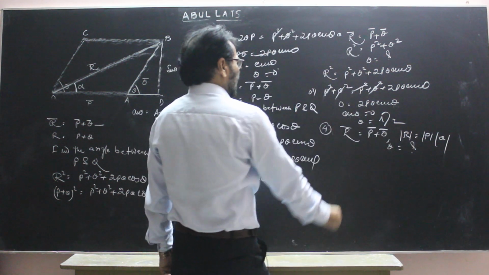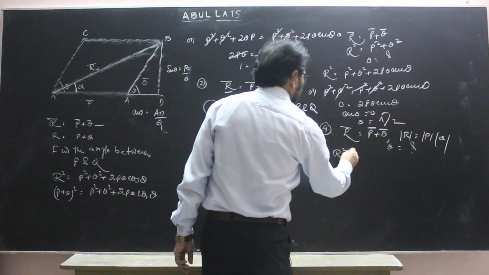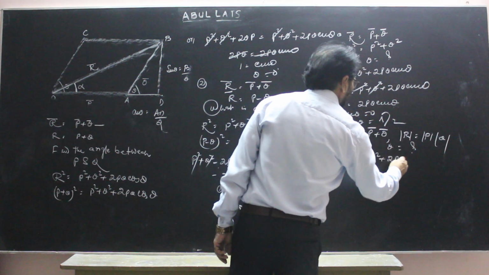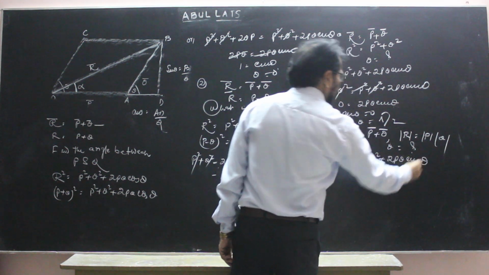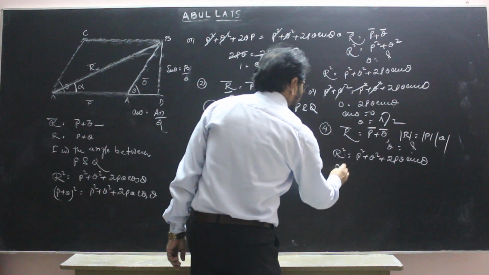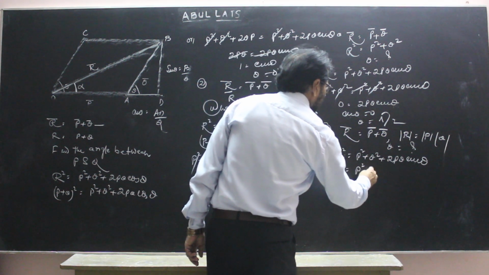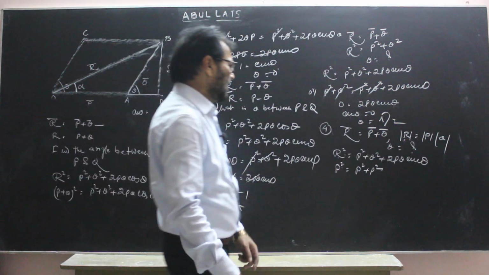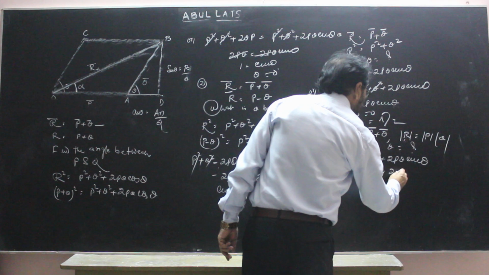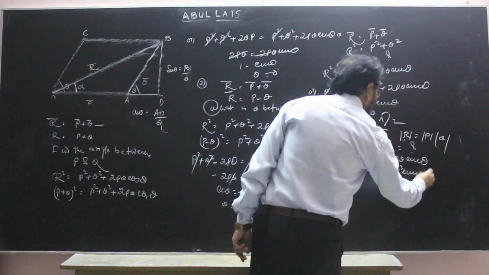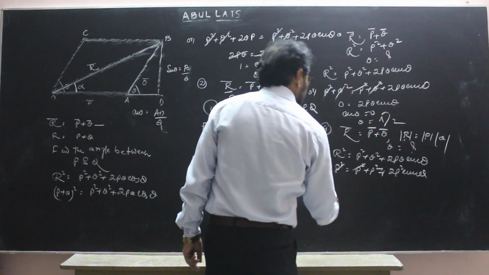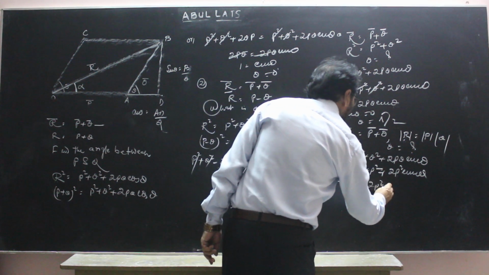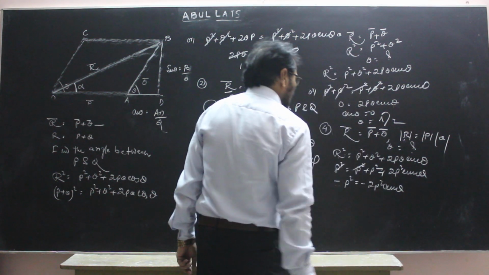So again we can write R square is P square plus Q square plus 2PQ cos theta, and it is P square, because the mod of R, P and Q are all the same, so that is why it is P square plus P square plus 2P square cos theta, and it is minus P square is equal to 2P square cos theta.